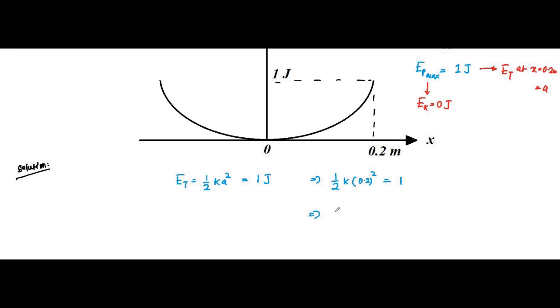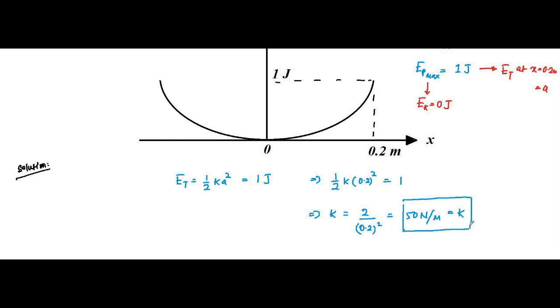That implies k is equal to 2 by 0.2 whole square, that is equal to 50 Newton per meter. That is the value of the force constant k.